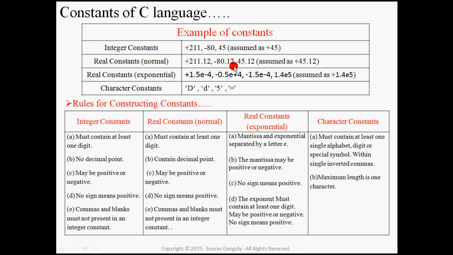Minus 80.12 and plus 211.12 are all real constants. If no sign is present here, then we assume that it is plus.